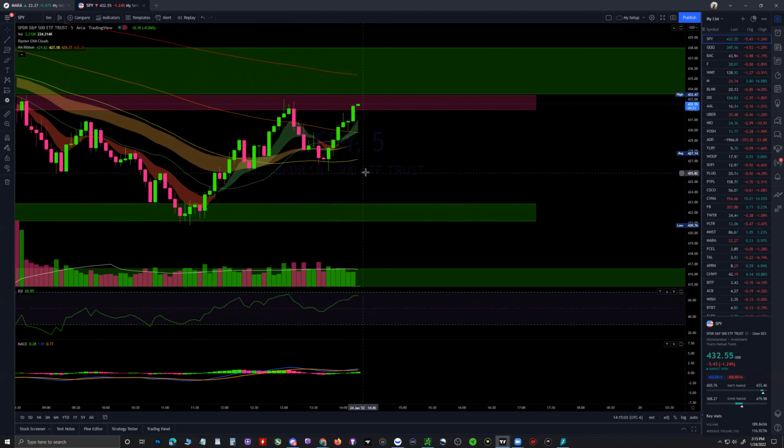It actually stopped right here in this support resistance zone. So this old resistance became new support in the center of this channel.